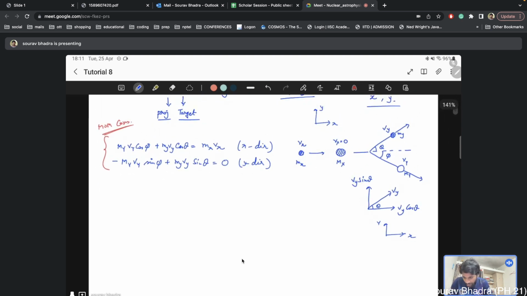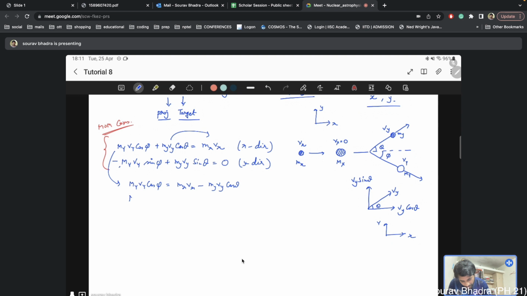From the first equation we can write my Vy cos phi equals mx Vx minus my Vy cos theta. I have just taken this term on the other side of the equals sign.